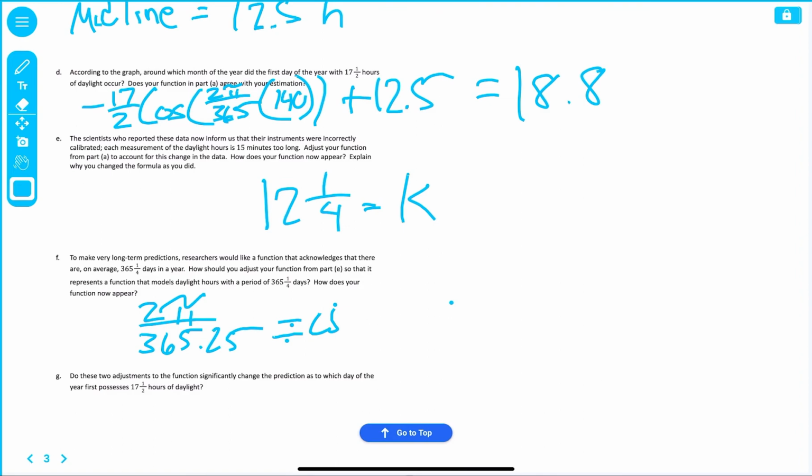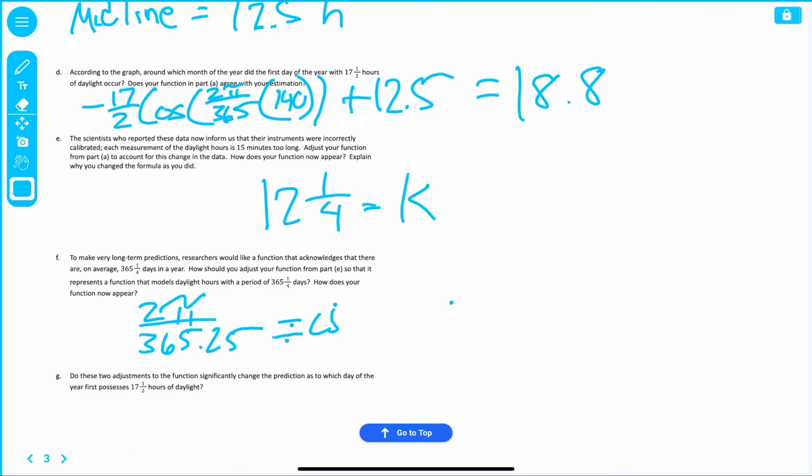We're only talking about a quarter of a change in each direction. They're saying if you plugged in whatever you picked, whether it was 140, 125, whatever you picked for the first day of 17 and a half hours, and you now do that again, is that going to change a whole lot? You can plug it in and see. If you change your K and your omega, is it going to change your answer a whole lot?